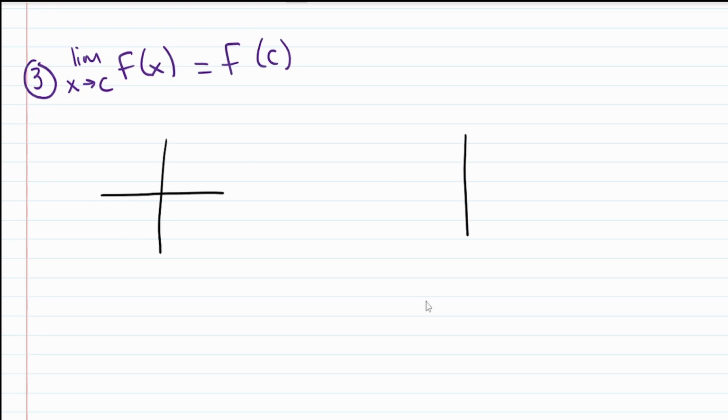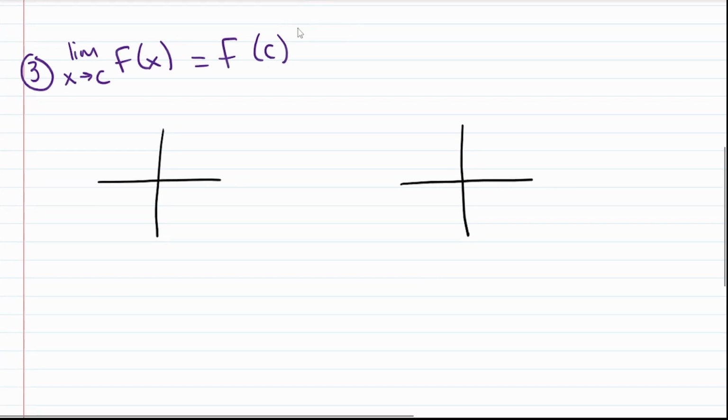So let's talk about a case where this happens and a case where they're not equal to each other. So again, we'll draw our two little example graphs. Say we have an upside down parabola, and let's say that this point right around its vertex is going to be an open circle, but then we have a closed circle down here. Okay, so notice two things. Our limit as x approaches c, if this is c right here, well, we have a limit there, right?